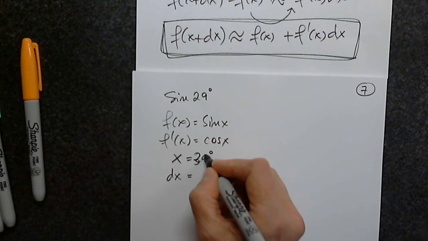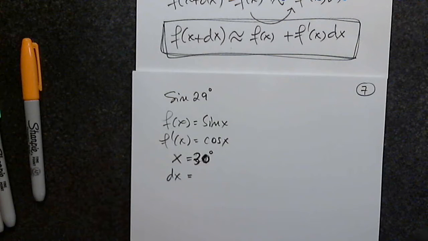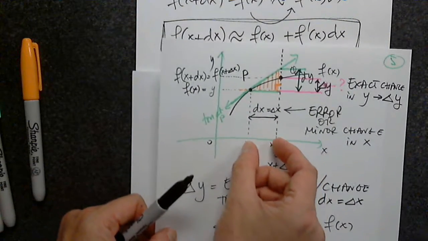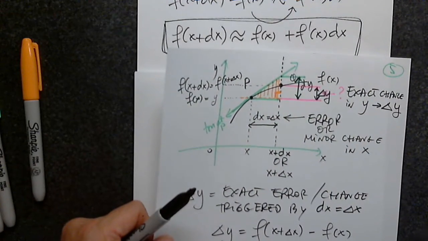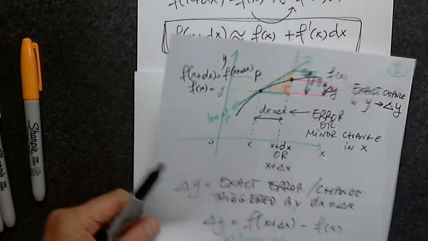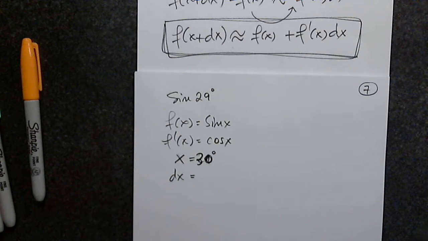Sorry. x is something that we know about, and 30 is the closest. You cannot use 45. You can say, but I know everything about 45. I also know everything about sine 0. But I have to be as close as possible. Otherwise, I will mess up and the approximation will not work that well, right? Because if this is 45 degrees, then the approximation will be too rough, too far away. Very good. So x is 30 degrees.